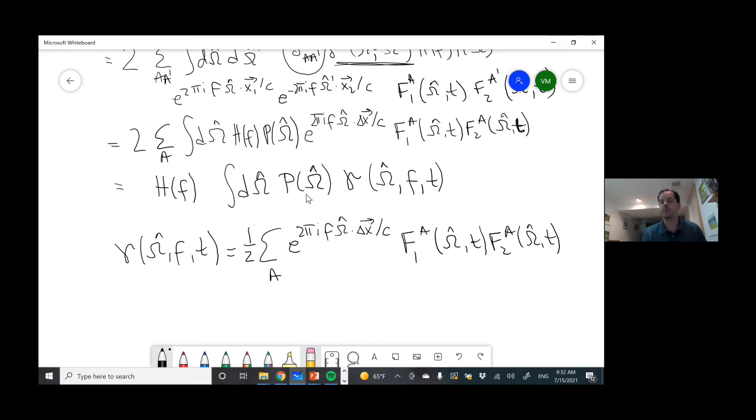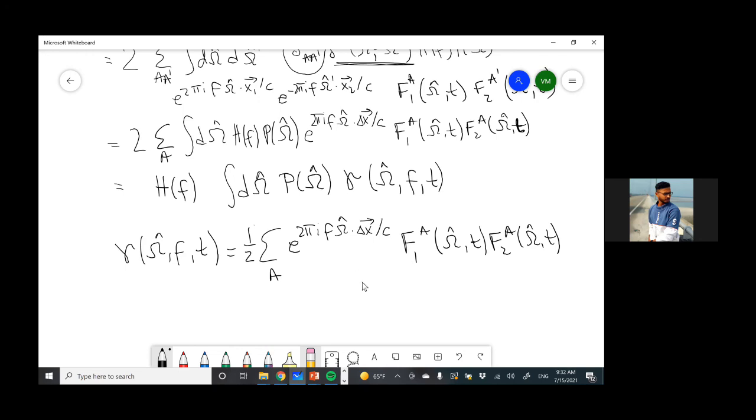So if p of omega were isotropic, the integral of this gamma function here would be exactly the overlap reduction function we had in the isotropic case, gamma 1,2. But because this p of omega could be non-trivial, this integral, we can't do it. It depends on the actual distribution of the stochastic background on the sky. So again, if that were isotropic, then this integral will be just the integral of gamma of omega, f, t, which will give us the usual isotropic overlap reduction function.